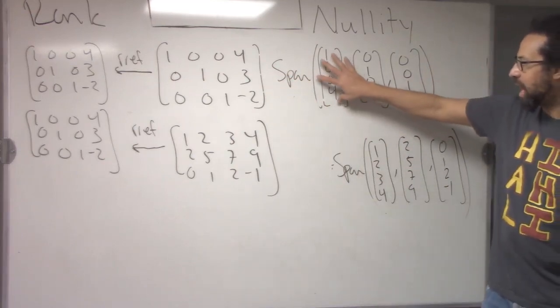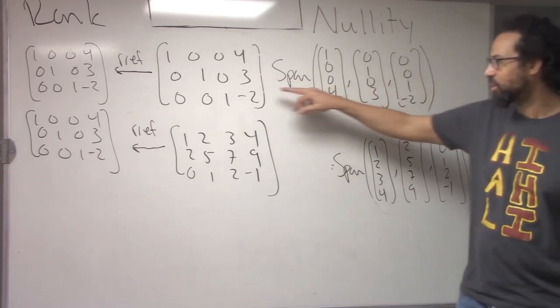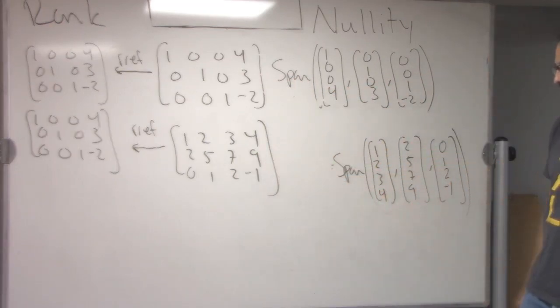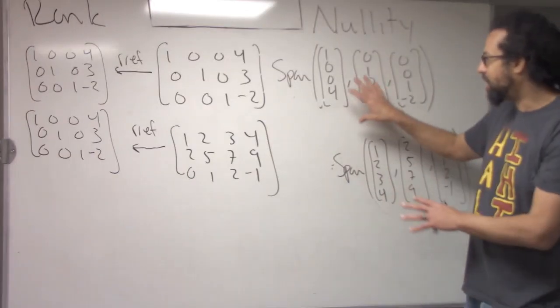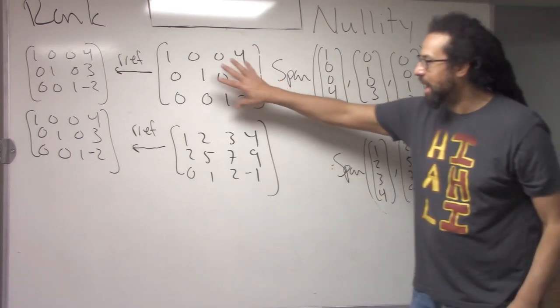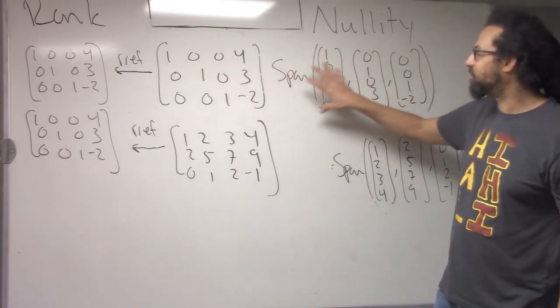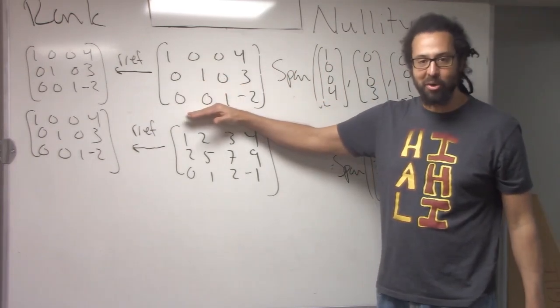So column 1 is row 1, column 2 is row 2, column 3 is row 3. And then do the same thing with this list of spanning vectors. So what is the span of these vectors as it relates to this matrix? Well, the span of these vectors is the same as the span of these rows, which is the row space.